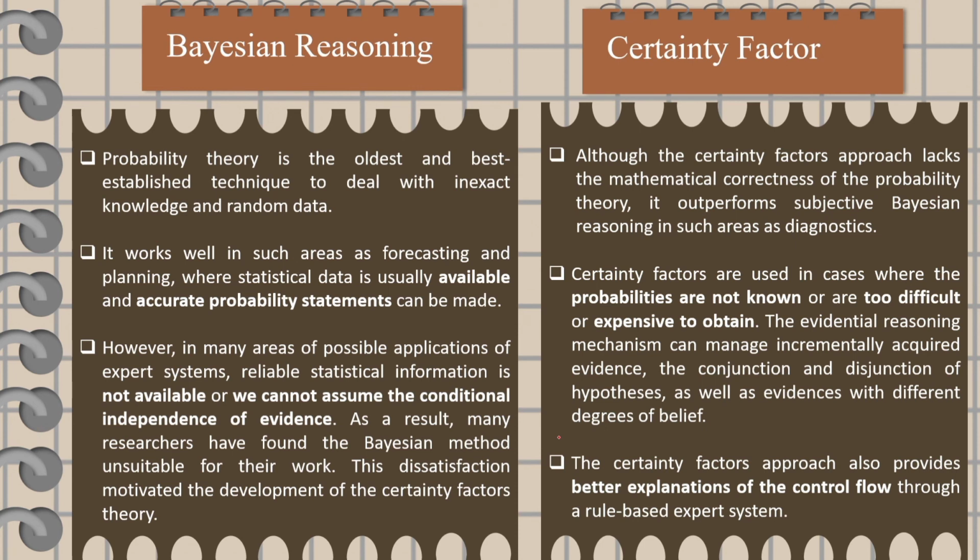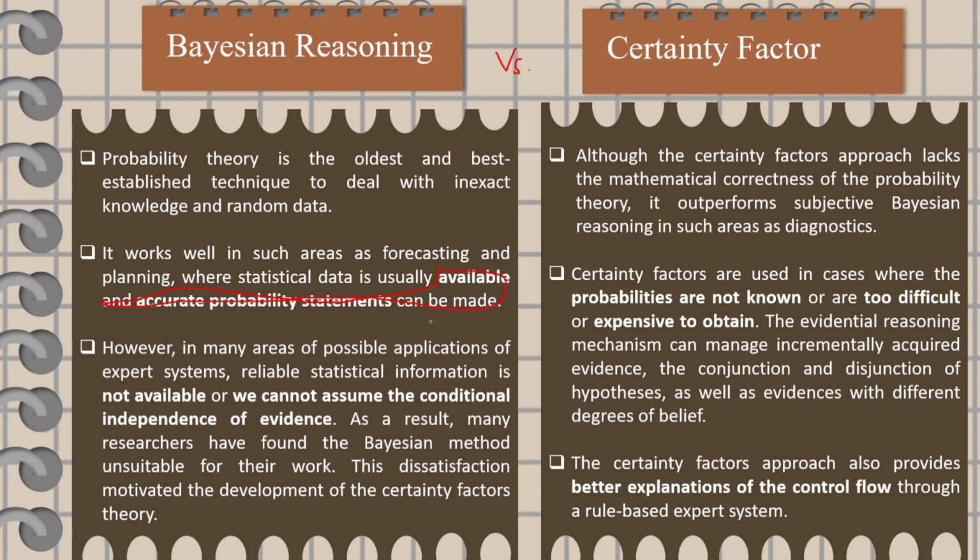And here we have Bayesian reasoning versus certainty factor. In Bayesian reasoning, probability theory is the oldest and best established technique to deal with inexact knowledge and random data. It works well in such areas as forecasting and planning where statistical data is usually available and accurate probability statements can be made.